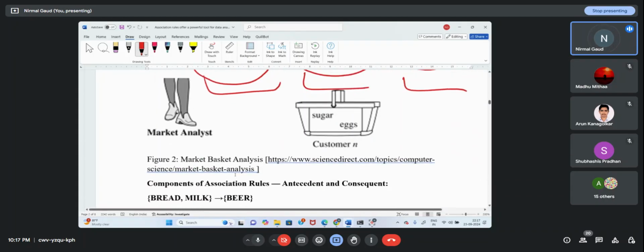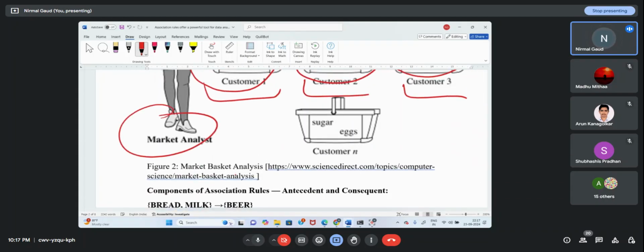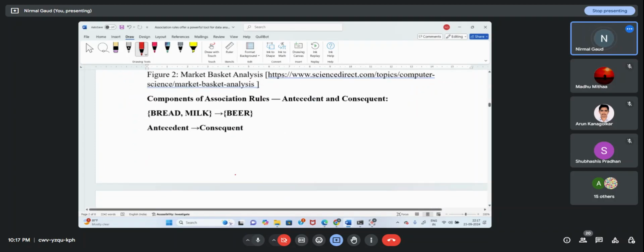Okay, so market analysts now, they try to find this relationship only. They try to find this association only over the data. Okay, so like this thing, bread and the milk, beer. Okay, components of association: bread, milk, purchasing. Is there a purchase of beer also?